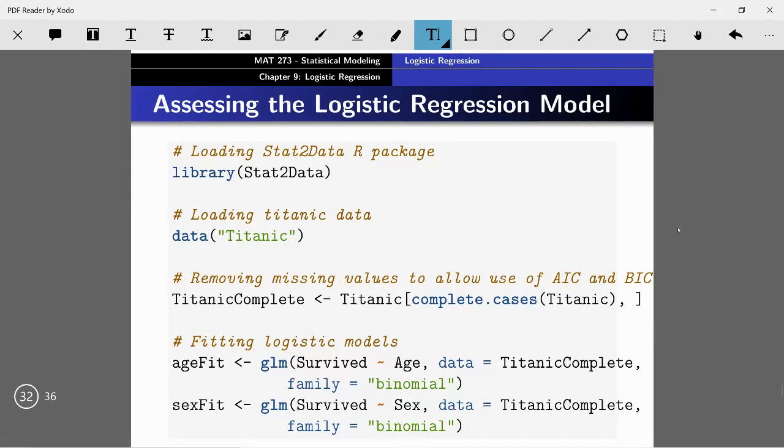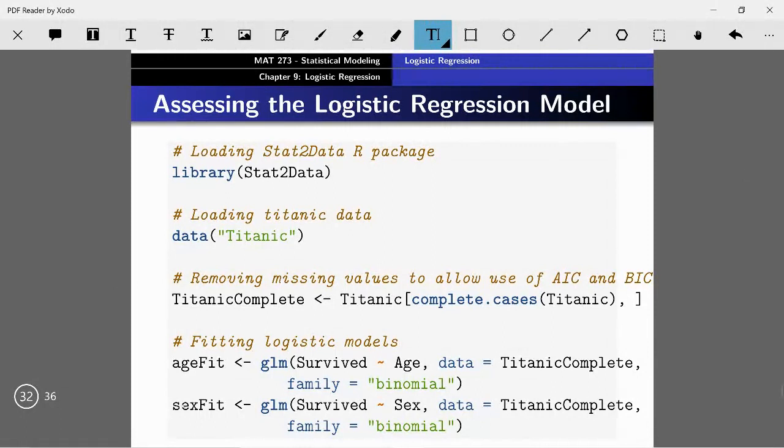In order to compare models that were fit, we do have to have the same exact data set used for each. I noticed here for the Titanic data set, we have some missing values, but it was just in terms of the passenger's age. There were some ages missing. So when the logistic model was fit using age, it excluded the missing value observations.